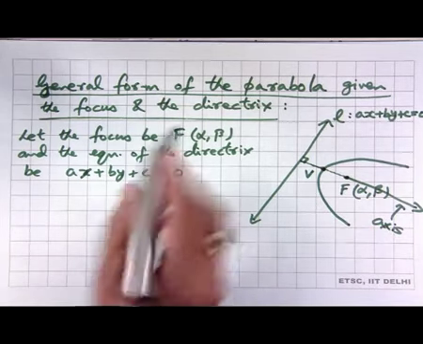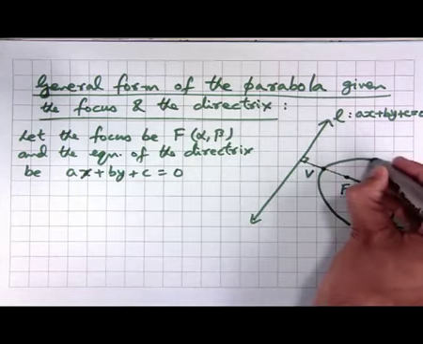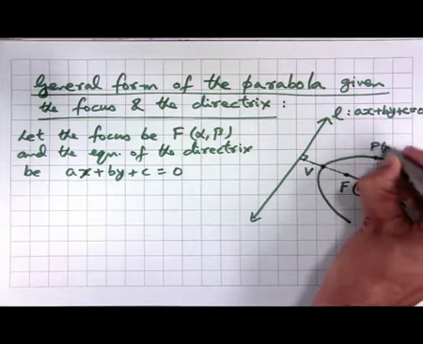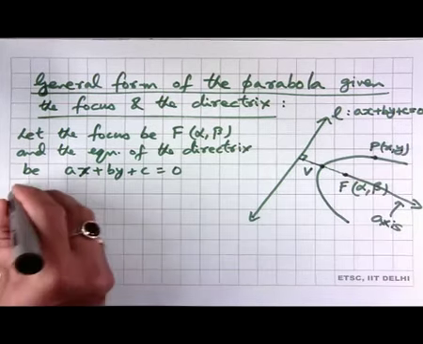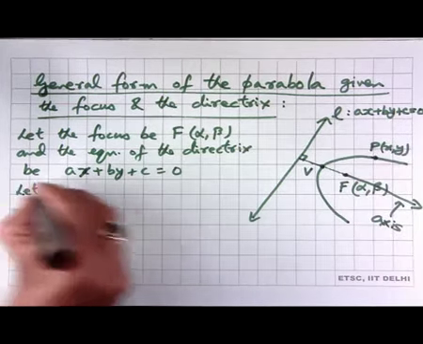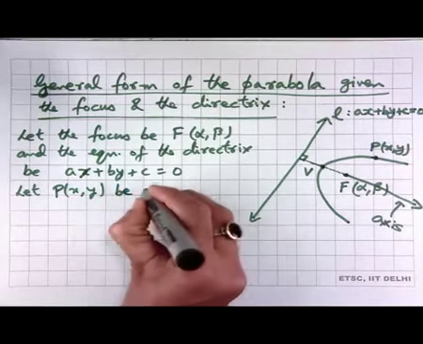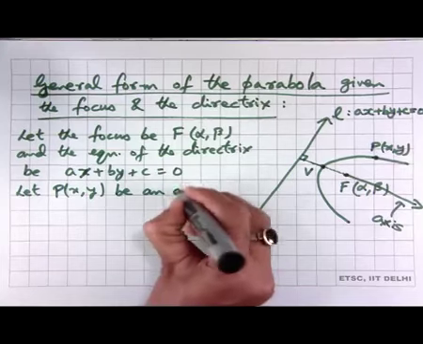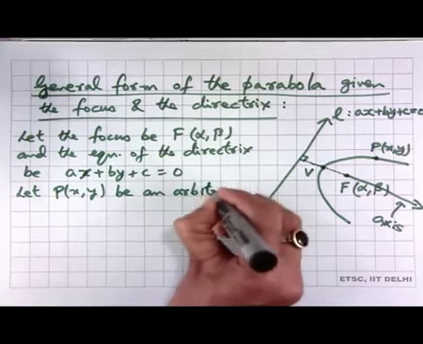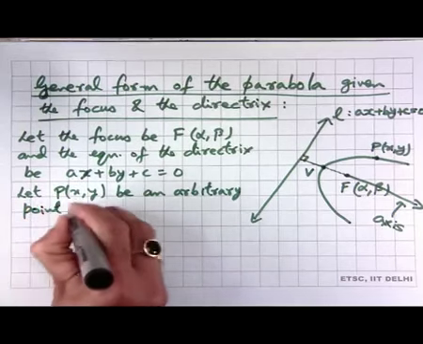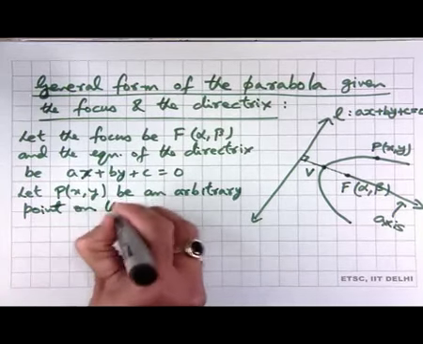Now, how to find the equation? If we take any general point P(x, y), let P(x, y) be an arbitrary point on the parabola.